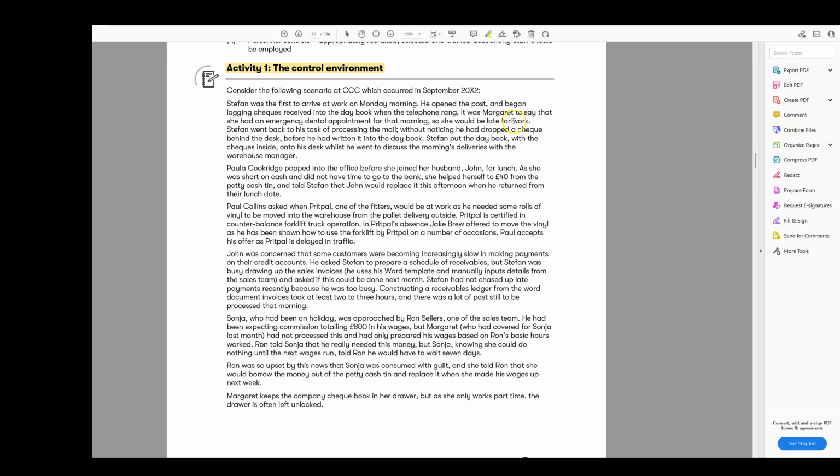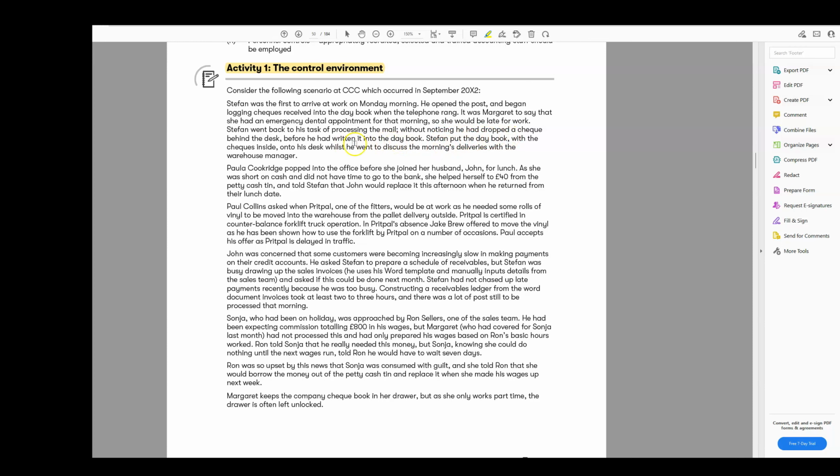It was Margaret to say that she had an emergency dental appointment that morning, so she would be late for work. Stephen went back to his task of processing the mail without noticing he had dropped a check behind the desk.